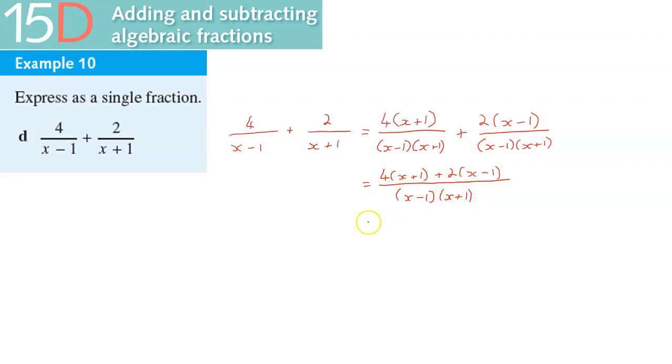Now I can expand the brackets. And then I can simplify the numerator by collecting like terms. 4x plus 2x, 4 minus 2.